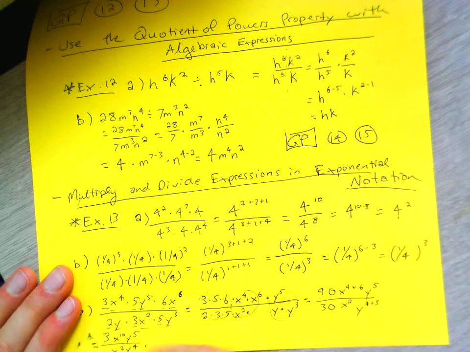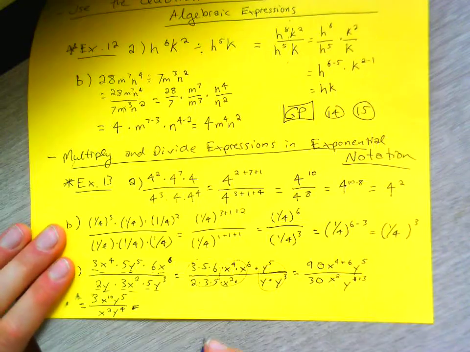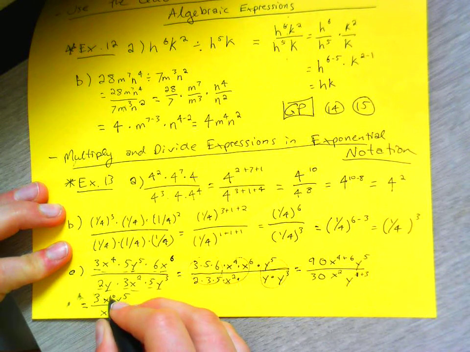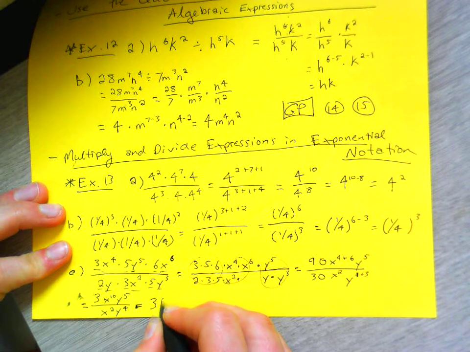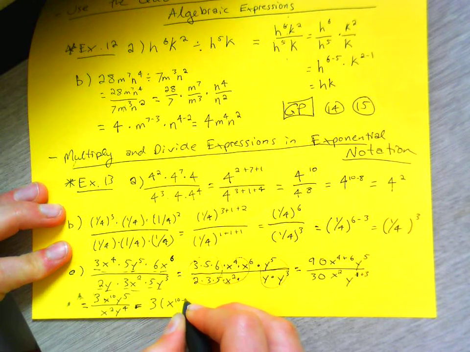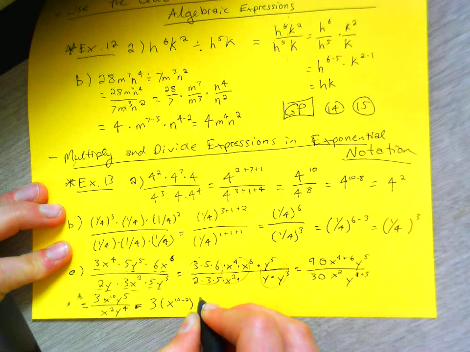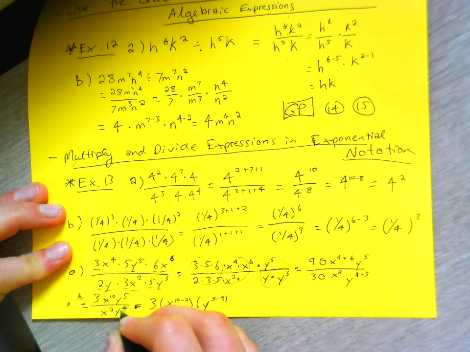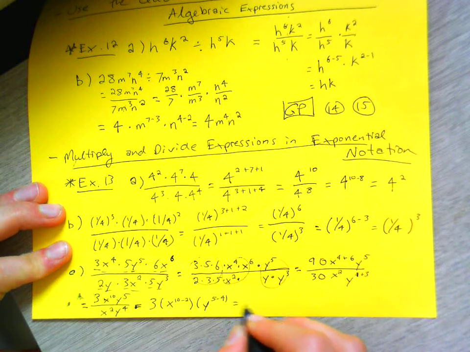Okay, now this is equal to, make sure you can see it. This we are going to simplify. It is 3, and we can do x^(10 minus 2), and our y's, y^(5 minus 4), equals 3x^8y.